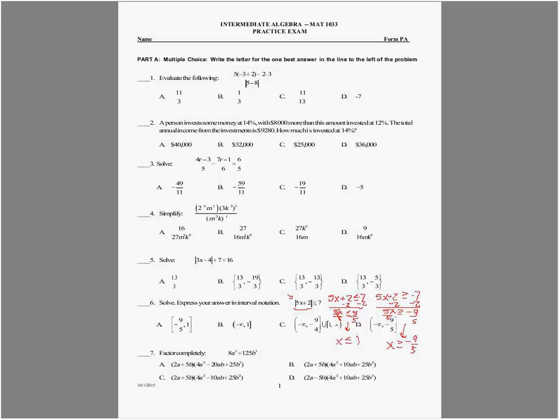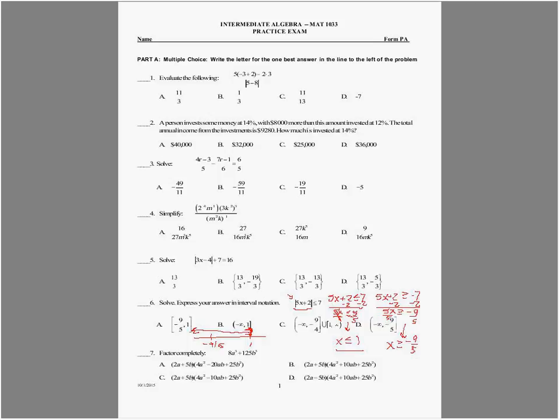We're asked to express this in interval notation. What I like to do is graph this on a number line. So I have -9/5 down here, and 1 here. Now, graph x is less than or equal to 1. We've got an equal sign, so we're going to use a bracket, and it goes this way.